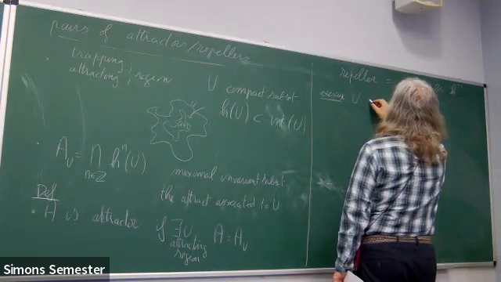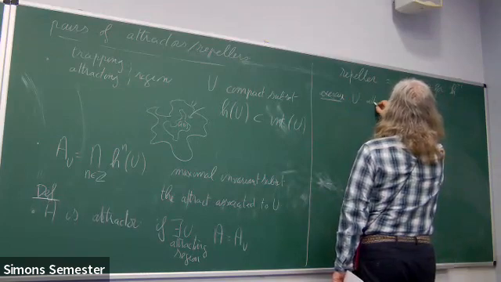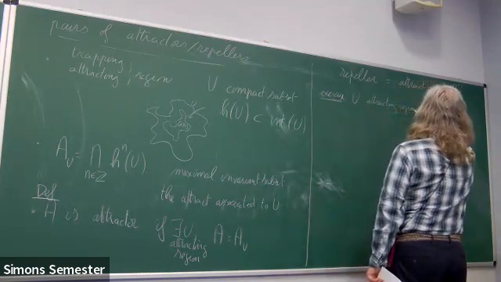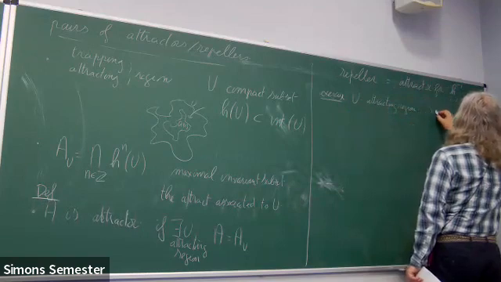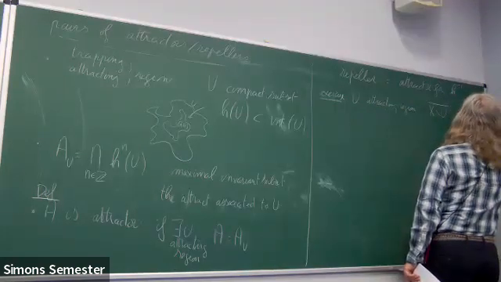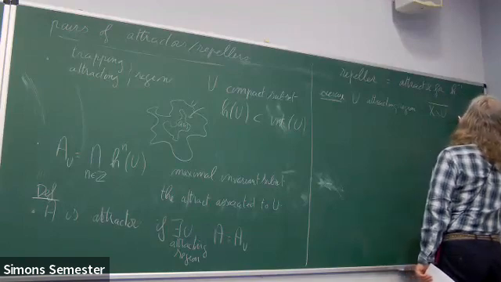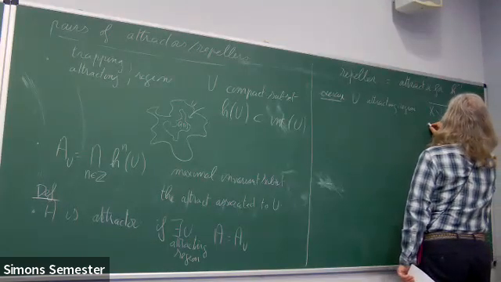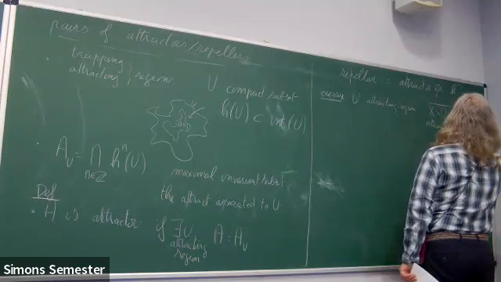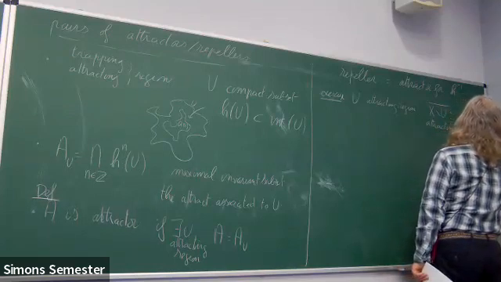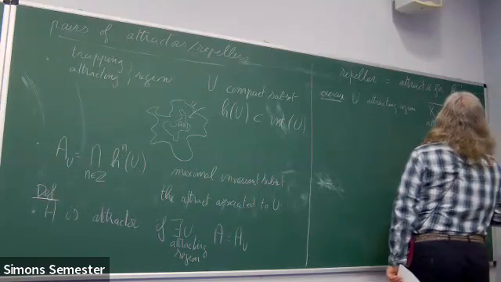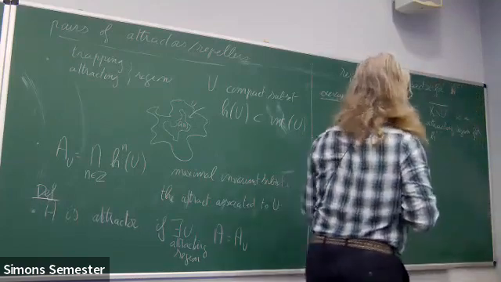So you take a trapping region, attracting region. Check that if you take the complement and you take the closure, that is a trapping region or attracting region for H^{-1}.